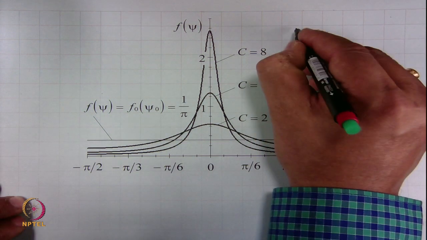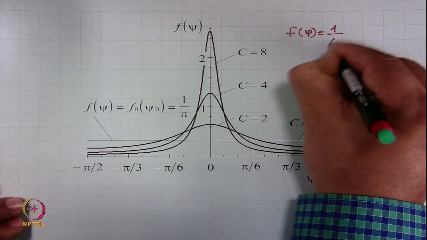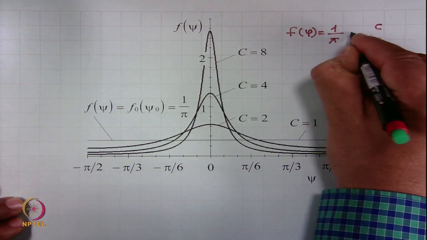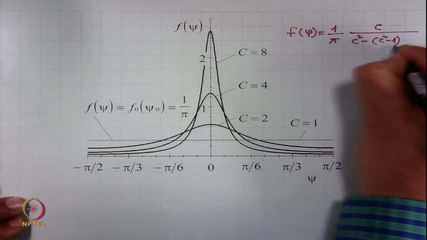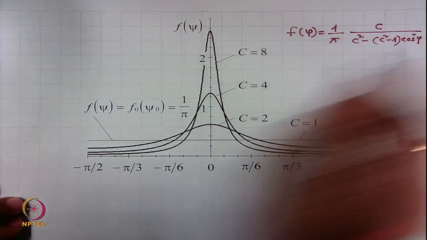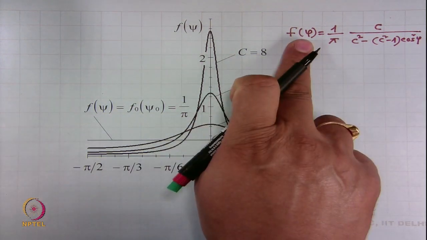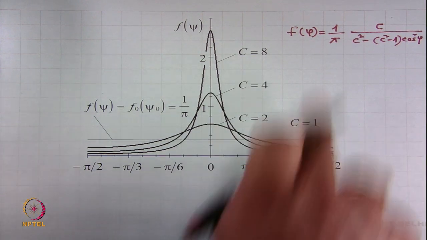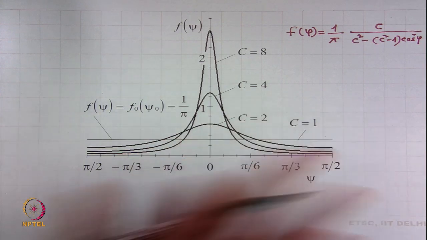You remember what is f psi? 1 by pi times c by c square minus c square minus 1 cos square psi. So, it is a function of psi. Psi is plotted along the x axis, this is plotted along the y axis. For different values of C, we obtain different curves.